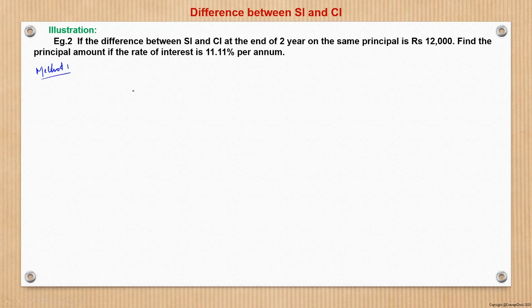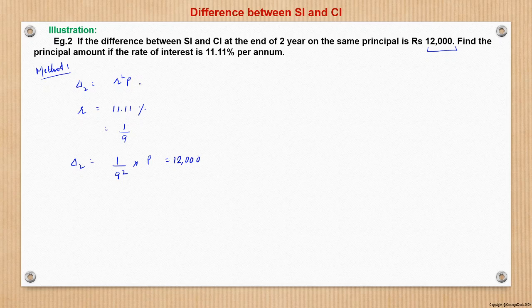Method 1, the difference for the second year, we know, is r square into p, right? And r is given as 11.11%, which we can write as 1 by 9. In percentage we have seen this, we can write as 1 by 9. So delta 2 will be nothing but 1 by 9 square into p, and this delta 2, that is the difference between the simple and compound interest for the second year, is given as 12,000.